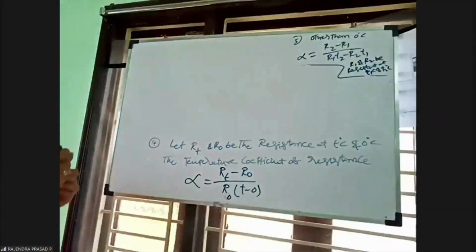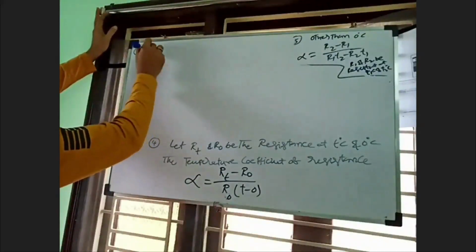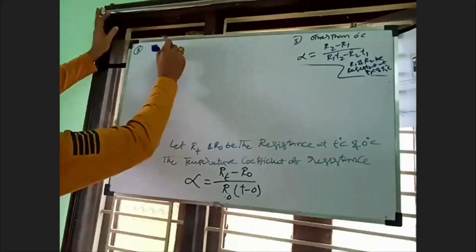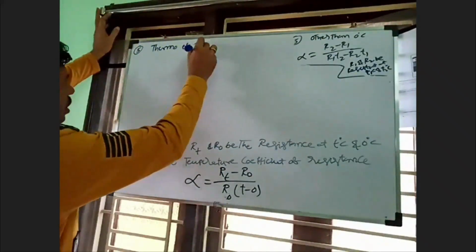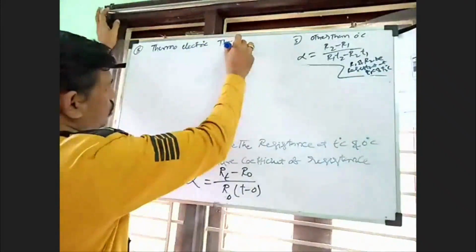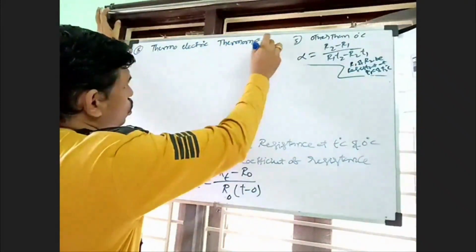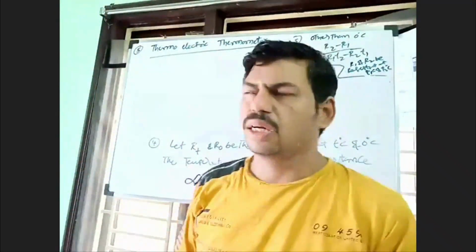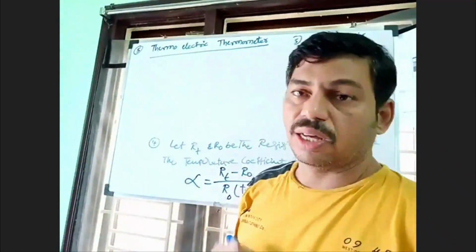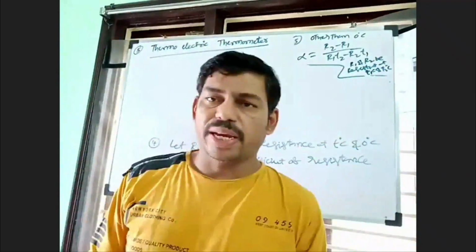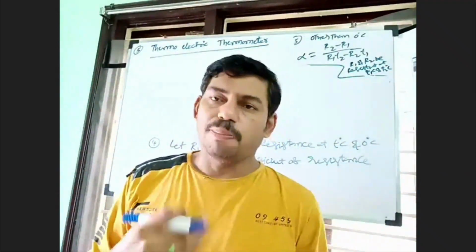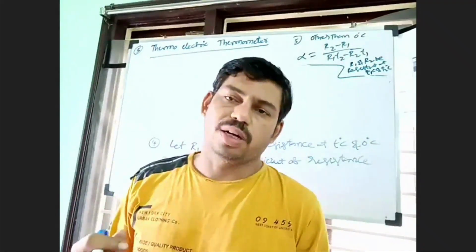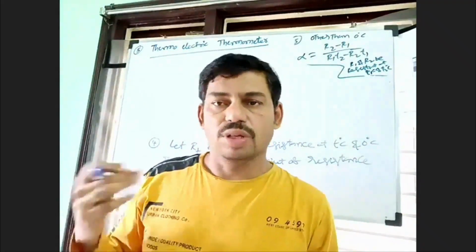the thermoelectric thermometer, the fifth one. Once upon a time, thermoelectricity was one chapter: Seebeck effect, Peltier effect, Thomson effect, applications of thermocouple, Duddell's galvanometer, thermopile.